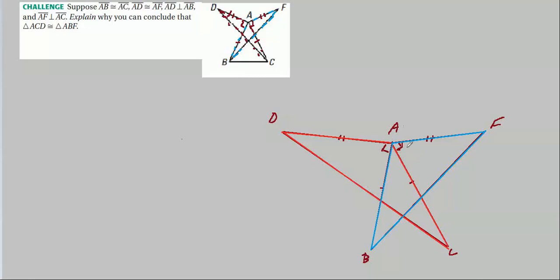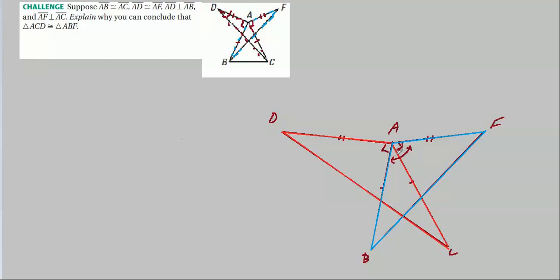So what are the angles in between? Well, this angle here, that's this whole thing here, that's the angle between this side and this side. And that is a 90-degree angle plus the measure of angle BAC. This angle over here is 90 degrees plus the measure of BAC. Well, they're both 90 plus the same thing.